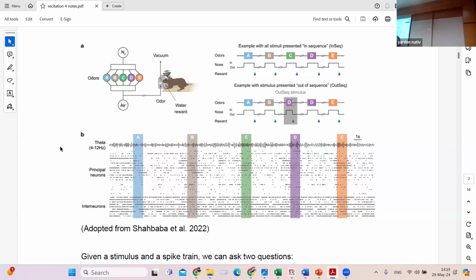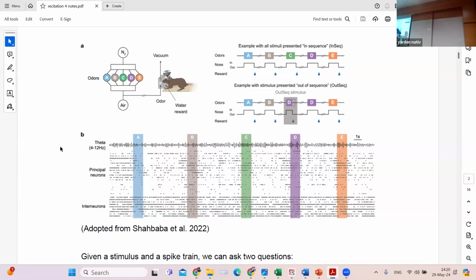And then you just show it again and again some specific stimulus, for example, the stimuli which are presented here with different types of odorants. And then you have this neural recording over here. Okay, this is quite the basic framework of a neuroscientific experiment.